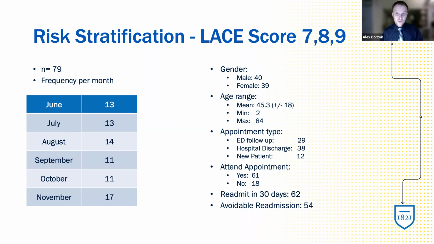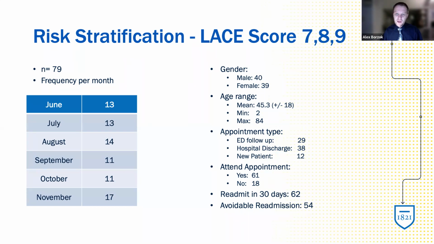The total number between all three of these scores was 79. When you add the 29 that had a LACE score of 11, you're looking at almost half of the patients that were readmitted having a LACE score of 7, 8, 9, or 11. So this is the majority of patients that were readmitted to the hospital within 30 days over that 6-month period. These are the patients with these scores that we want to focus on the most at this point in time.